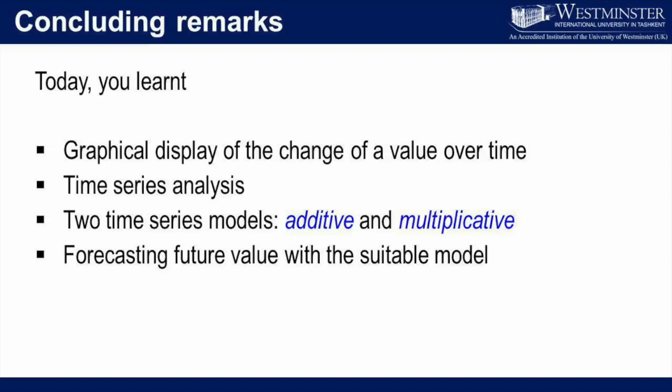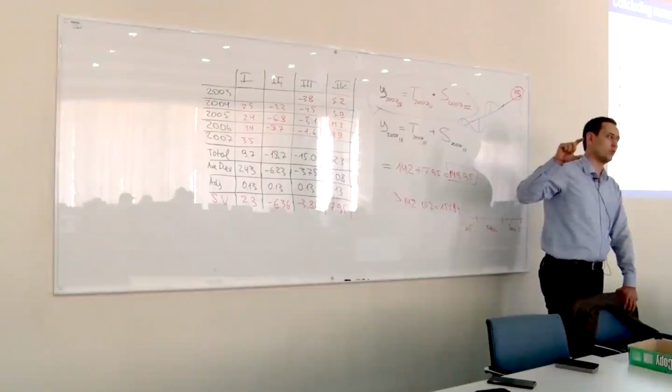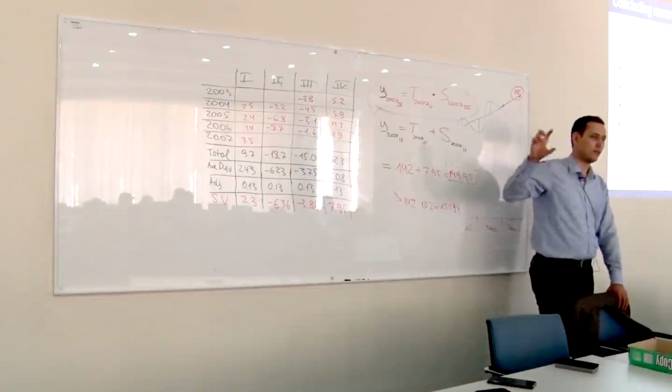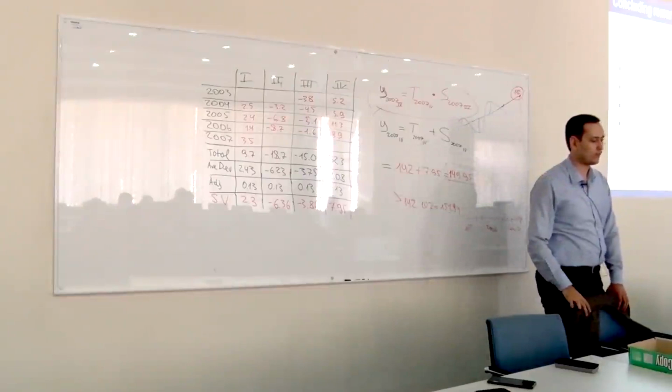And you know which model to use by looking at the graph, right? So if the amplitude of the variation is increasing, then you better use multiplicative, or if it's the same, you better use the additive model.